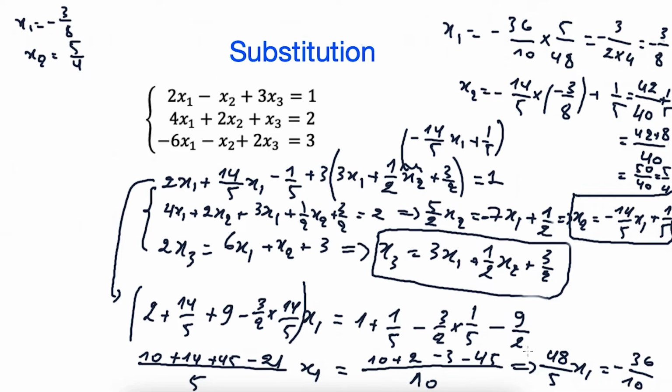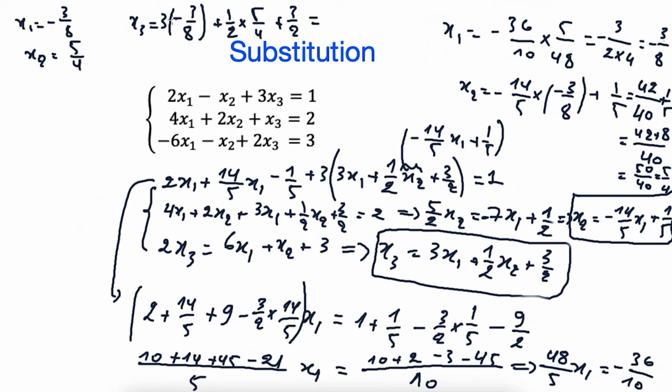And now we can get x3 by this expression. x3 equals 3 times x1, which is 3 times minus 3 over 8, plus 1/2 x2, which is 1 over 2 times 5 over 4, plus 3 over 2.